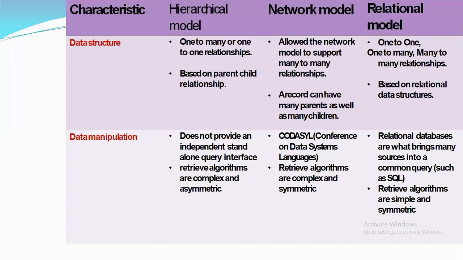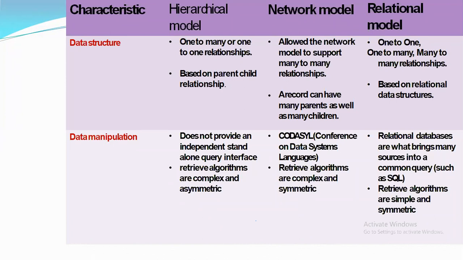While the network model supports only many-to-many relationships, because, for example, there are four nodes. We connect from the first node to the second, third, and fourth. Similarly, from the second node to 1, 3, 4. From the third node to 2, 1, 4. Similarly, from the fourth node to 1, 2, 3.